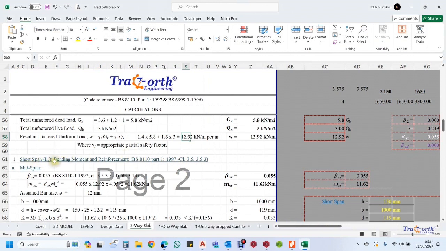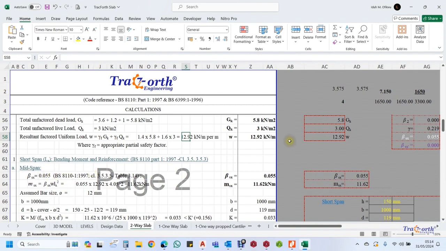So for the short span, your Lx, the bending moment and reinforcement, this is covered by BS 8110 Part 1, 1997, Clause 3.5.3. And this gives you the table from where you now have to determine what your beta is for the x, the span in the x direction.